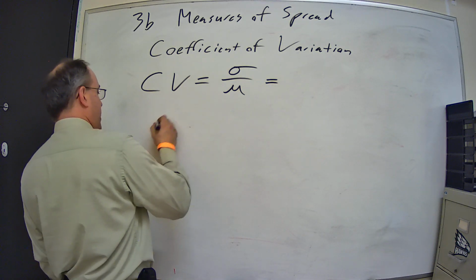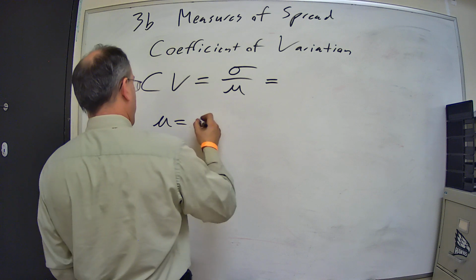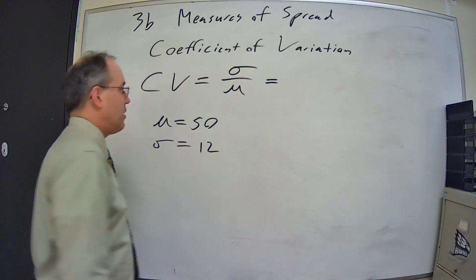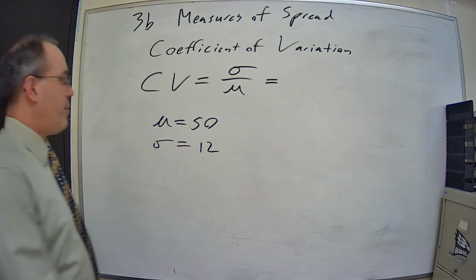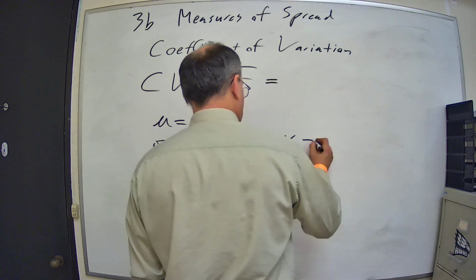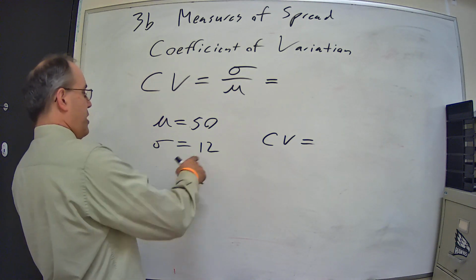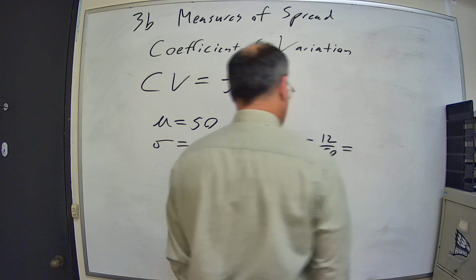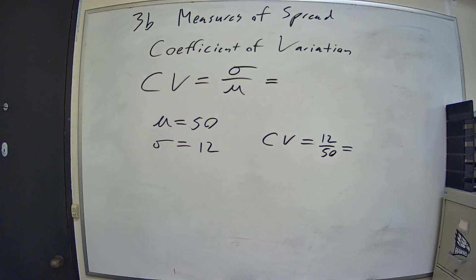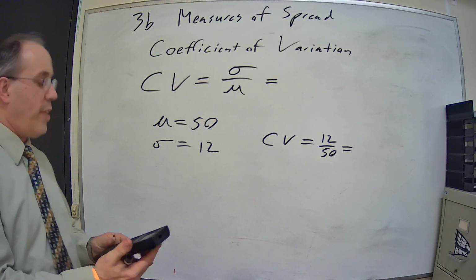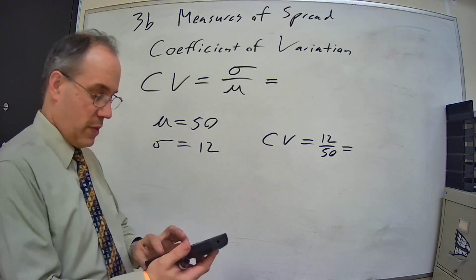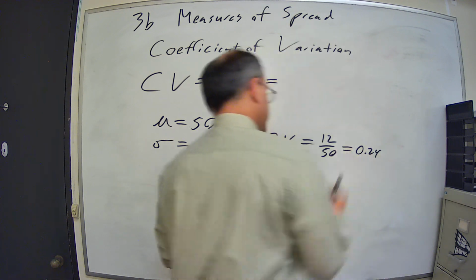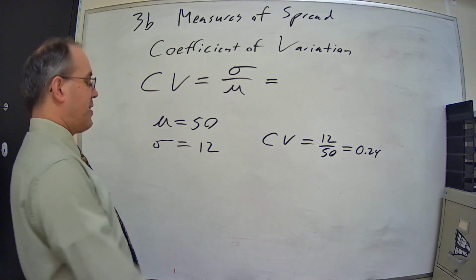So coefficient of variation does the same thing. If I have a distribution with a mean of 50 and a standard deviation of 12, then my coefficient of variation is going to be 12 divided by 50, which is 0.24.